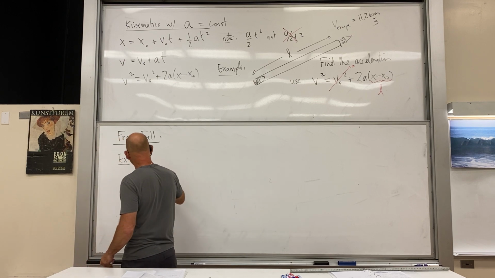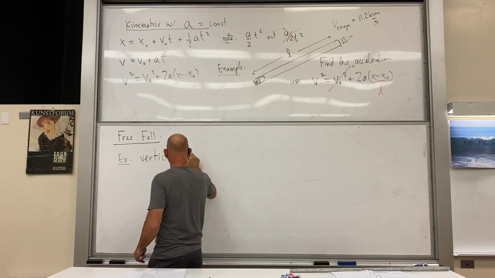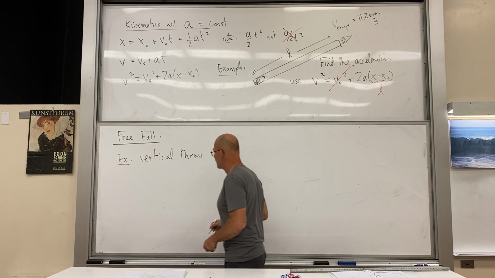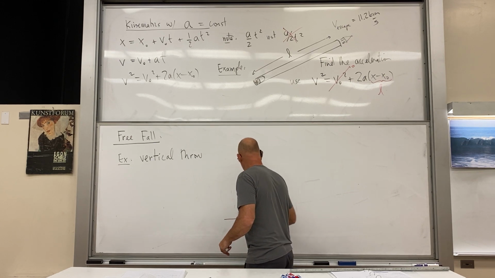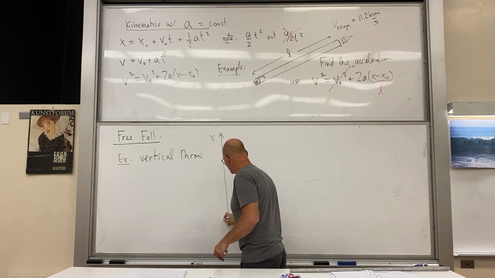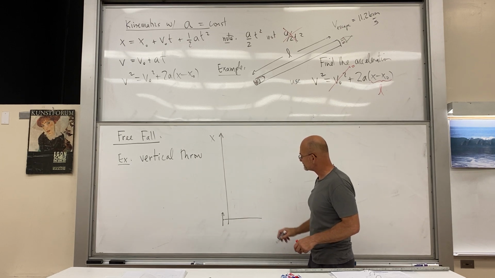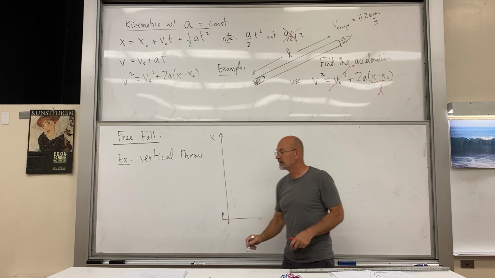So the example now is we have a vertical launch or a vertical throw, and here is our x-axis, something's being launched from the ground. It goes up, of course, and comes back down.